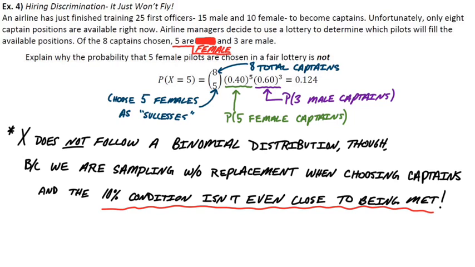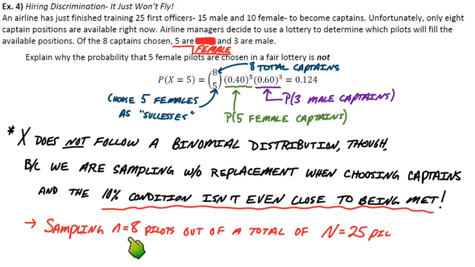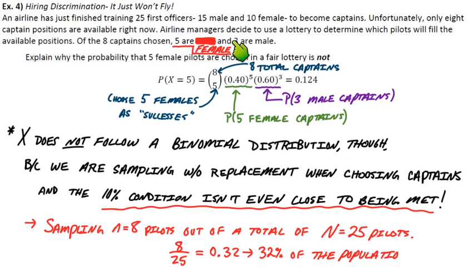The 10% condition isn't even close because if we're sampling 8 people, right, 8 trials in our lottery, so we're sampling 8 pilots out of a total of, there's 15 male and 10 female, so a total of 25 pilots, that means we're sampling 32% of the total population of pilots in this case. So the 10% condition is not even close. We're sampling way too many for this to be credible.